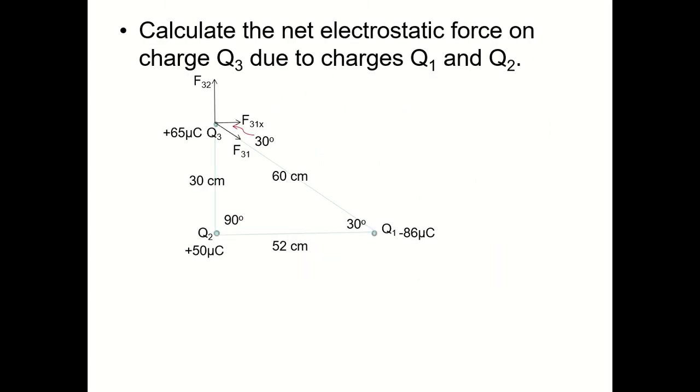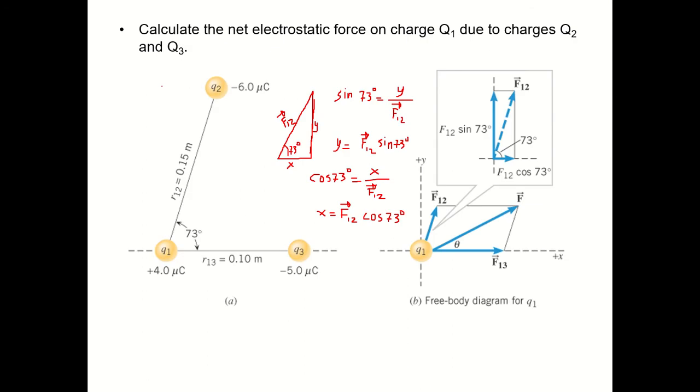Okay, so how to do that? You just calculate. Once you get this one, solve for F12. How to solve for F12? Use the formula that we just used.